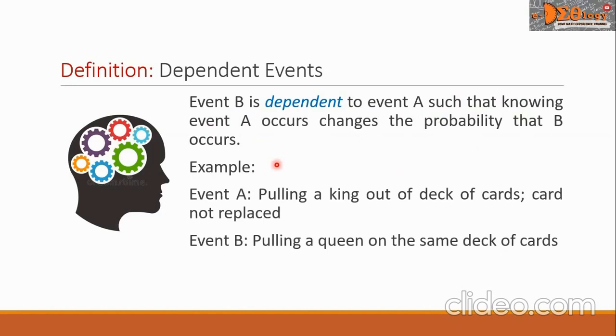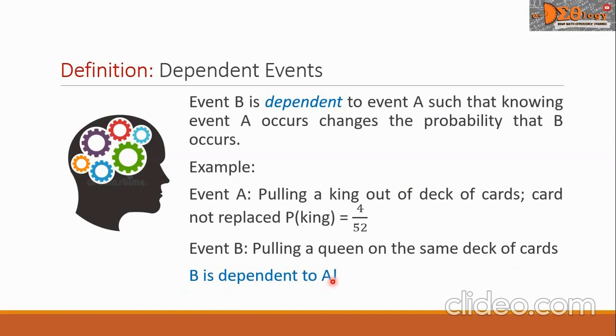Let's have an example. Event A is pulling a king out of a deck of cards and the card is not replaced. Event B, pulling a queen on the same deck of cards. We say that B is dependent to A because the probability of getting a king is equal to 4 over 52.